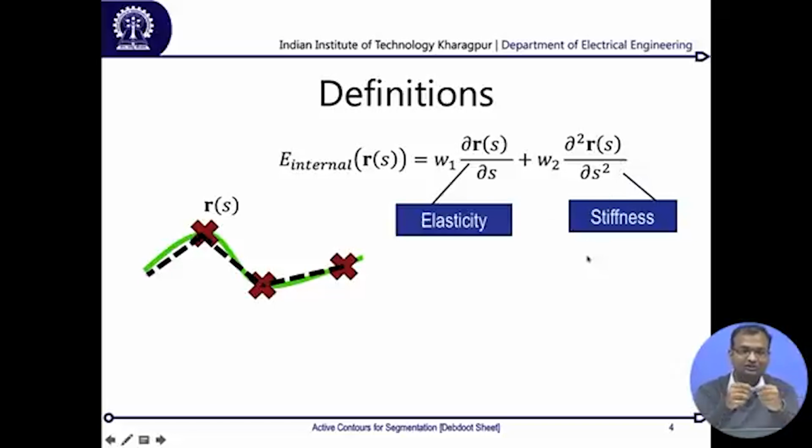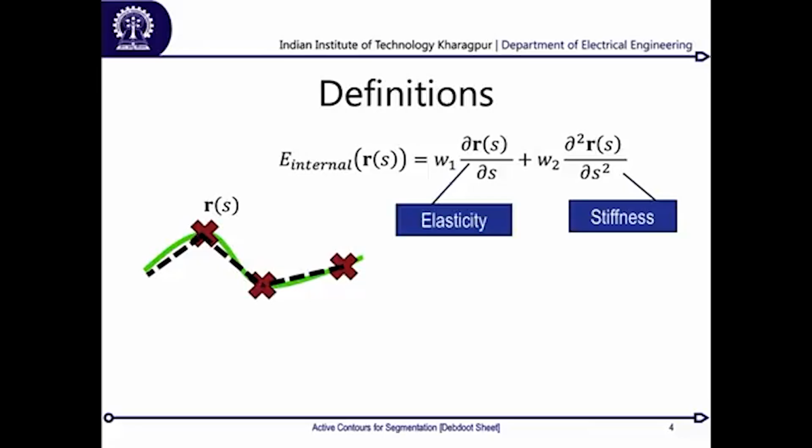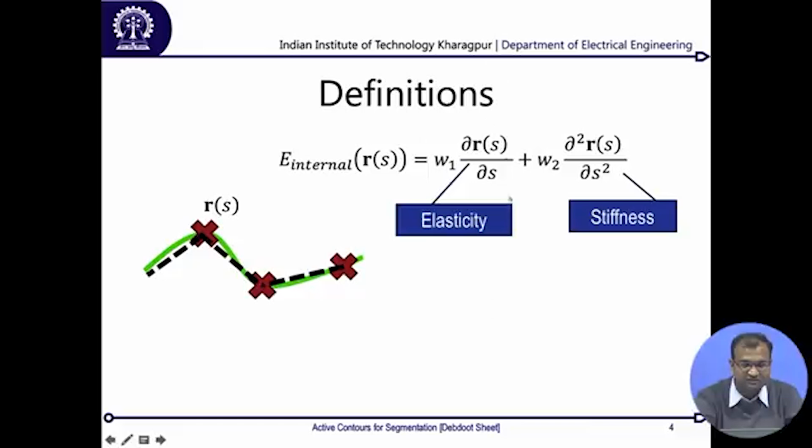Imagine that you have a rubber band in your hand, and this rubber band is supposed to go down. Imagine there is a plane surface on which you have a few pins, and you have stapled the two ends of the rubber band there, and then you have to pull this rubber band such that it goes across these pins. When it goes across these pins, the first term, elasticity, gives you the total energy due to the elastic force being applied on the rubber band at any point.